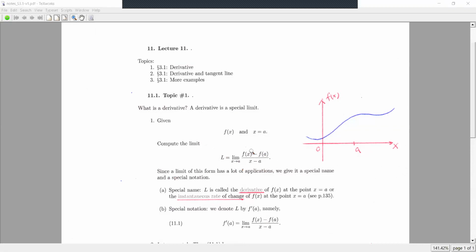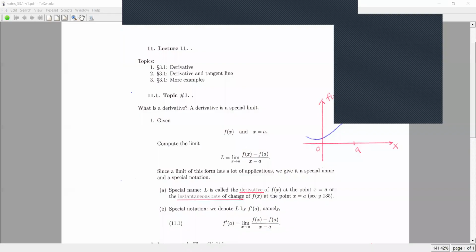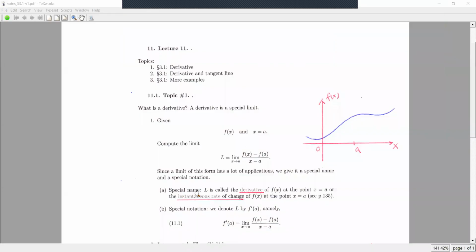Because a limit of this form has a lot of applications, we give this limit a special name and a special notation. The special name is, we call L the derivative of the function f at a point a. This is a popular name. A less popular name is, we call L the instantaneous rate of change of the function at the point a.